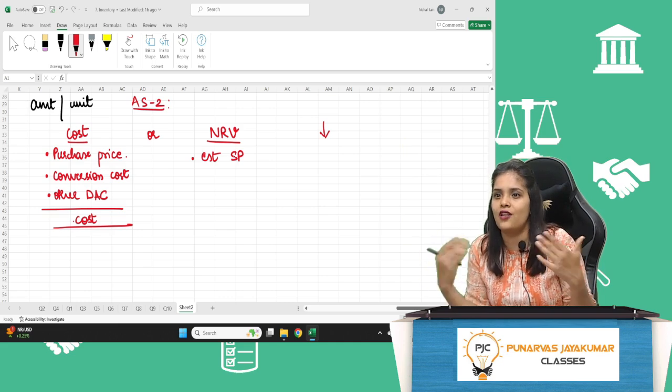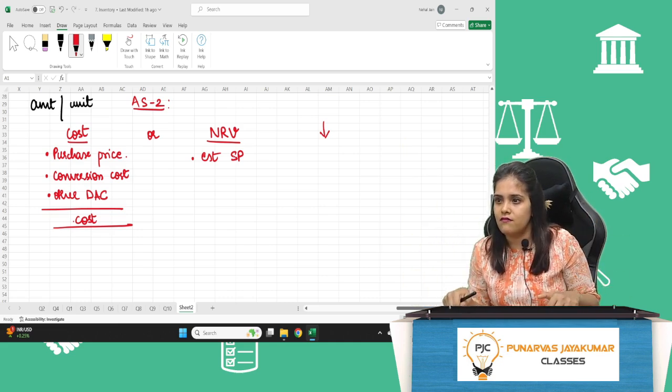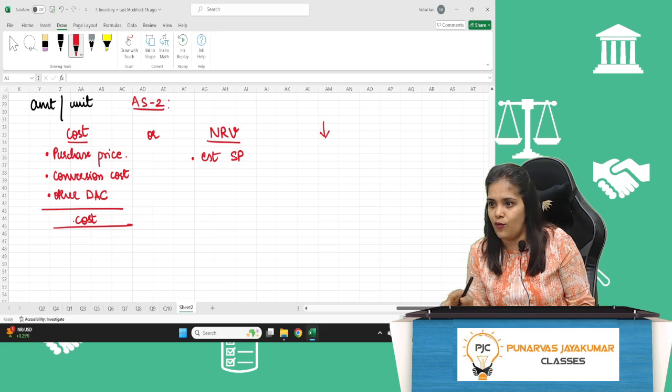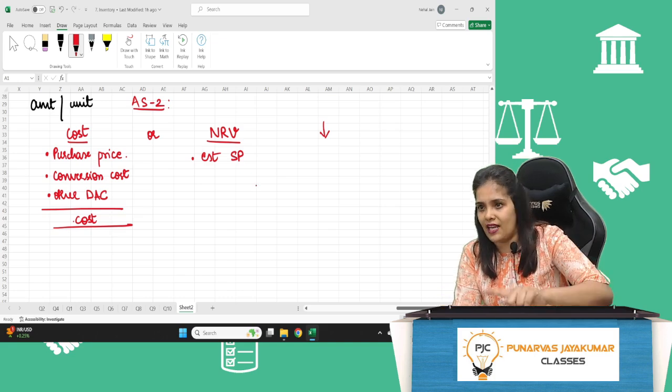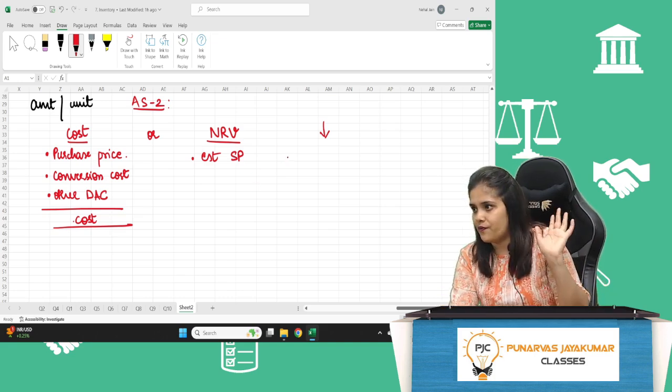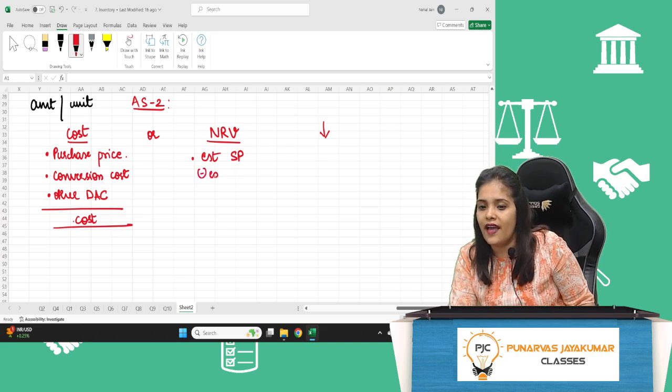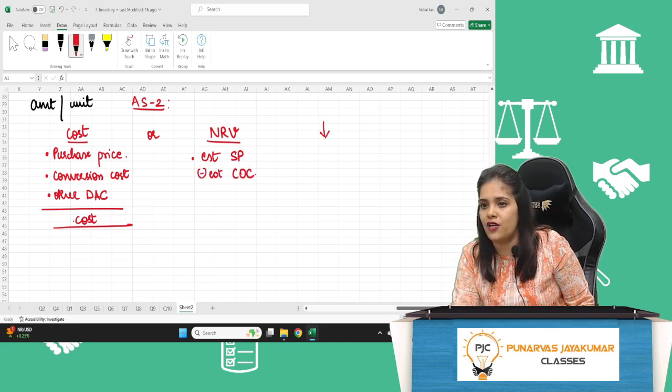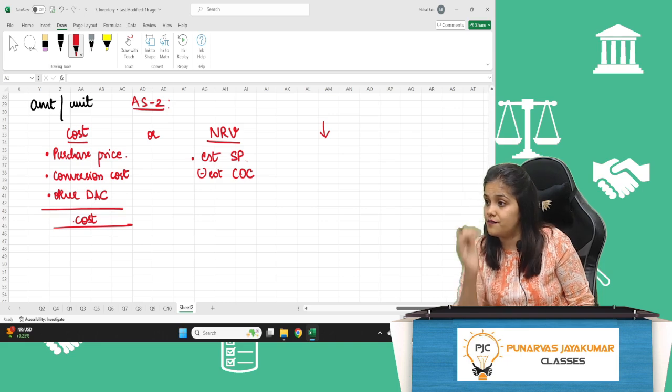Shirt, can you sell those shirts cut? No. That's why it is called WIP. So estimated selling price when it is completed, minus estimated cost of completion. What is cost of completion?